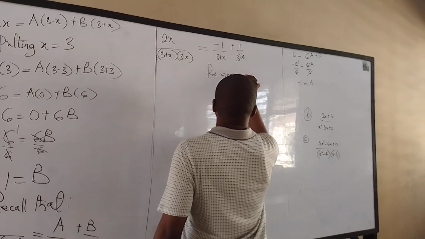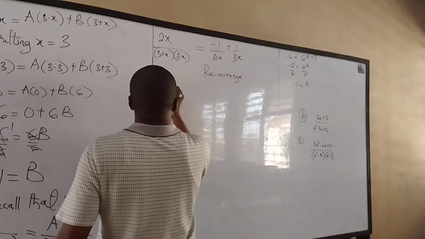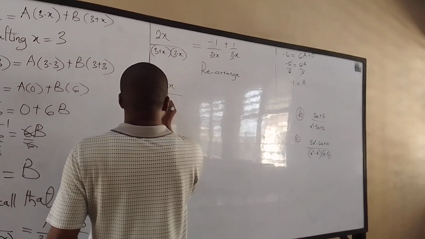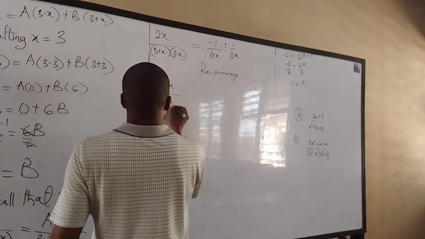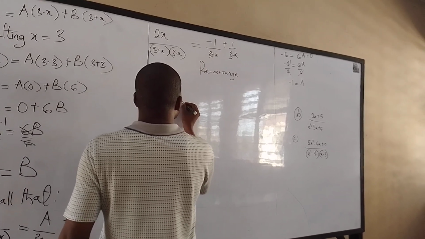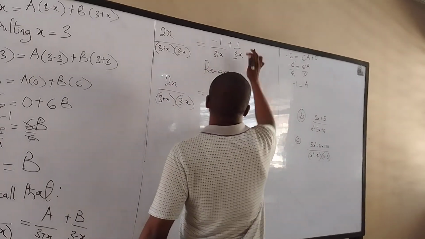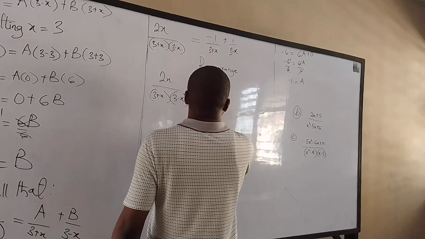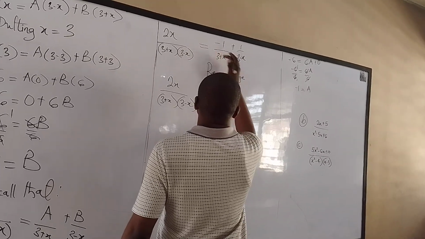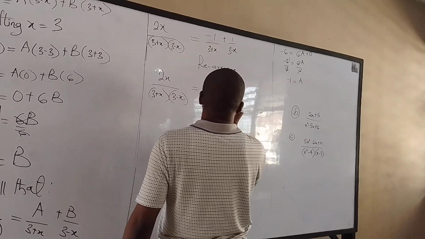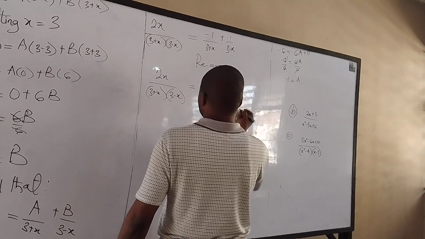So that means 2x over 3 plus x into 3 minus x will give us, I'm bringing this one first, 1 over 3 minus x, then this one is minus 1 over 3 plus x.